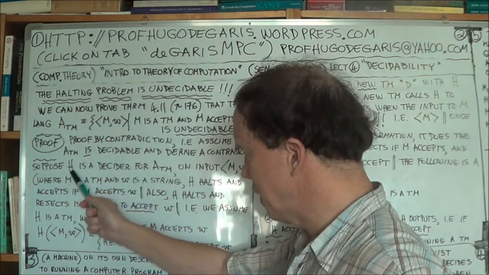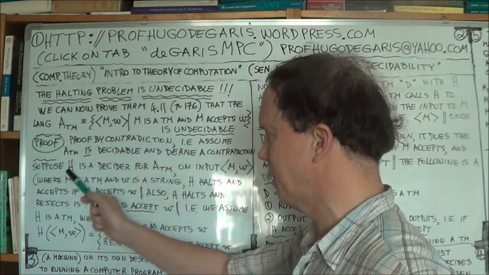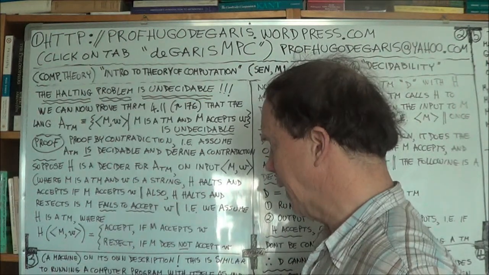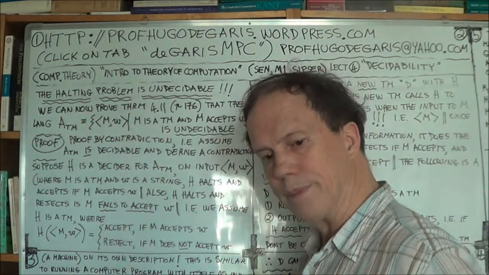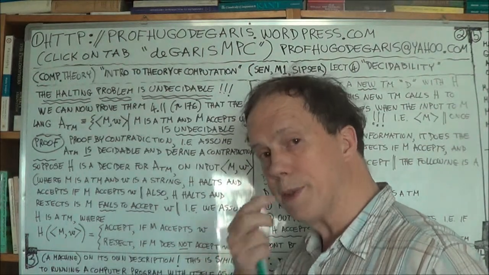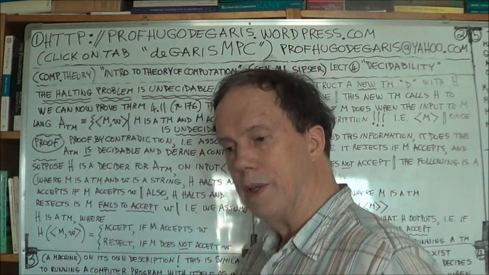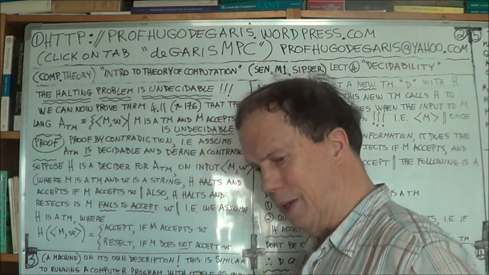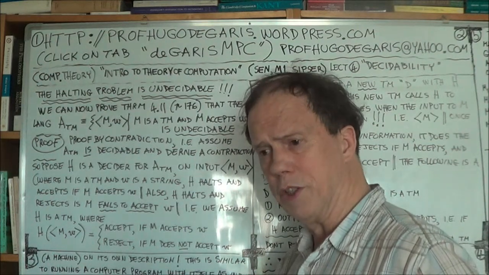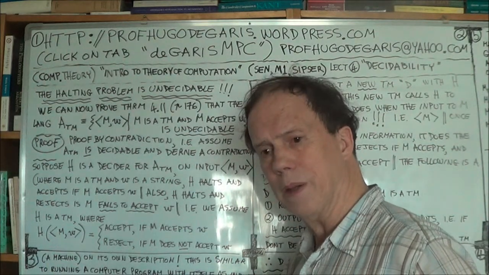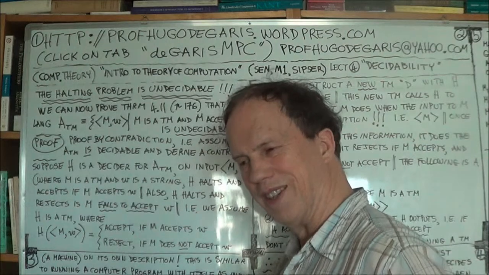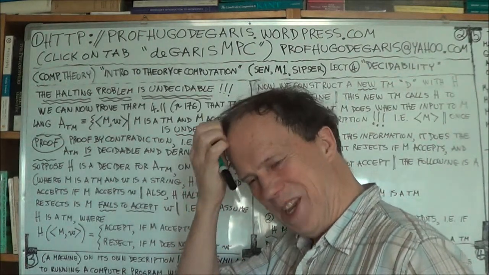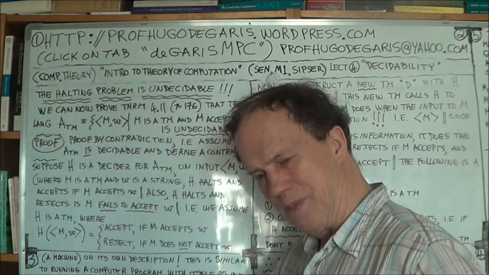So we'll assume H is a decider for this language. And we will, through quite a few steps, it's quite an elaborate, detailed proof, you need to concentrate step by step, we will deduce a contradiction. Quite a crazy contradiction, in fact. Something really weird starts happening, and highly ingenious.